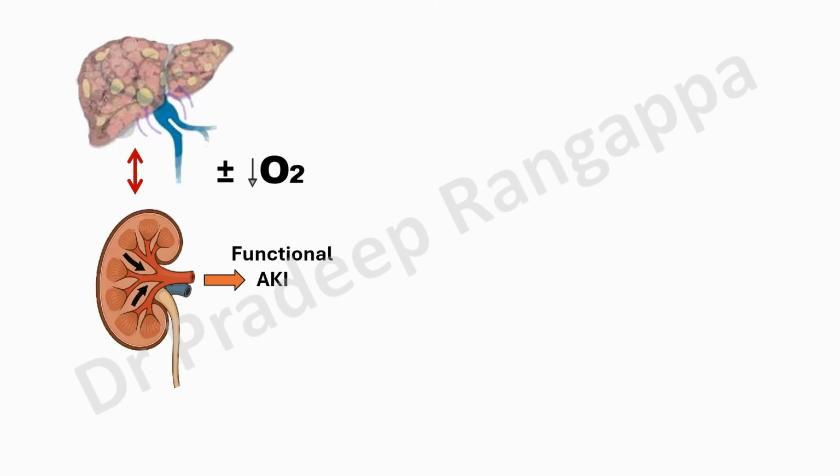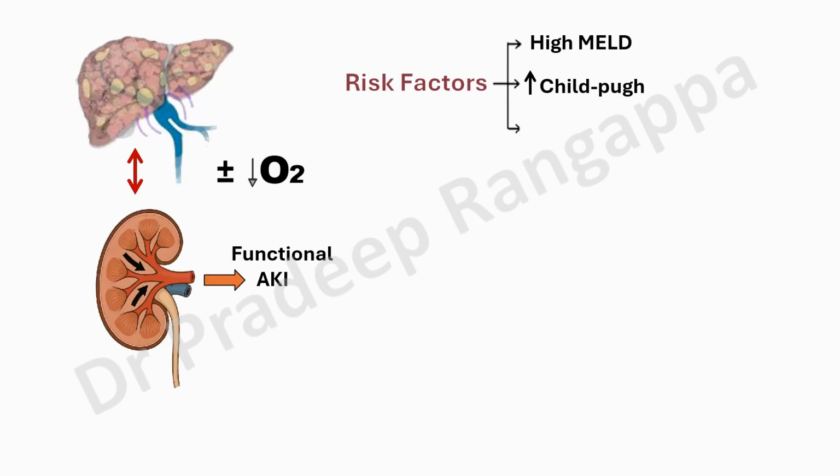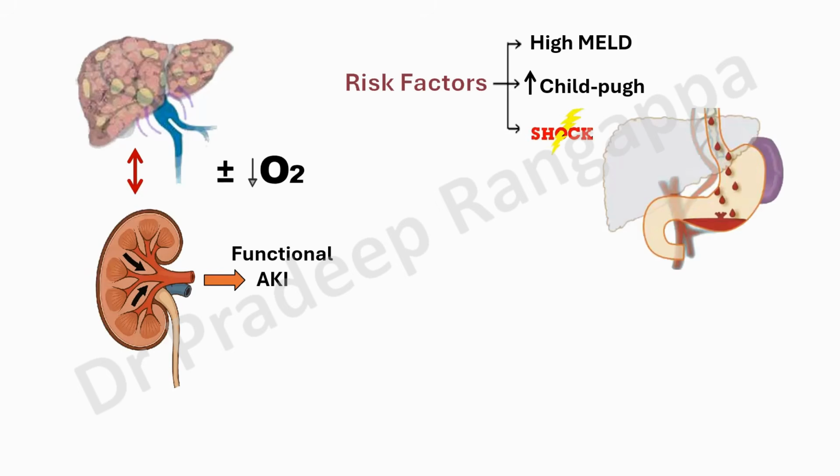There are certain risk factors as to which patients develop hepatorenal syndrome. Someone with advanced cirrhosis of liver with a high MELD score or high Child-Pugh score, which tells you that the underlying liver disease has progressed to a higher stage, or someone who comes in shock, or someone who has a variceal bleed.